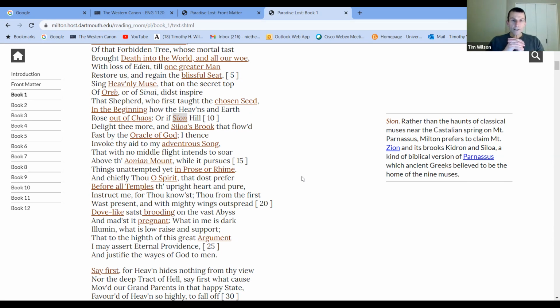So he wants that spirit to, just as the first creation in Genesis is light, let there be light, so too here in what is dark for Milton, illumine.